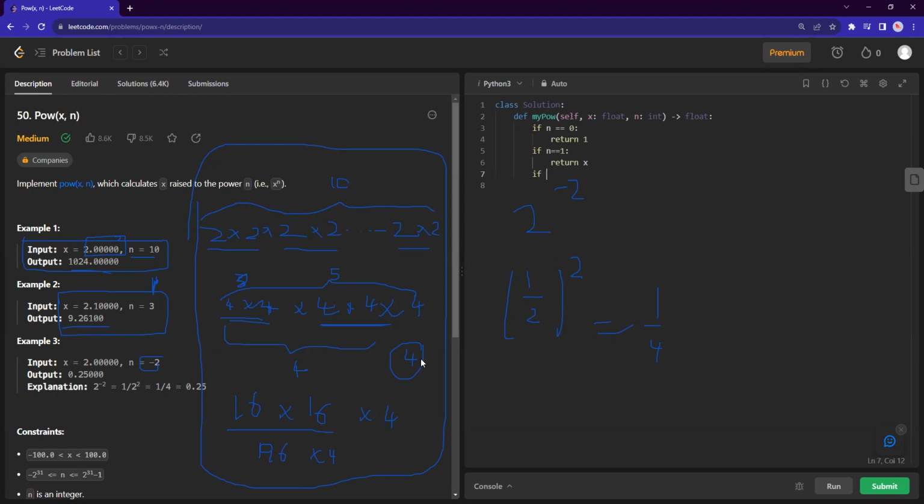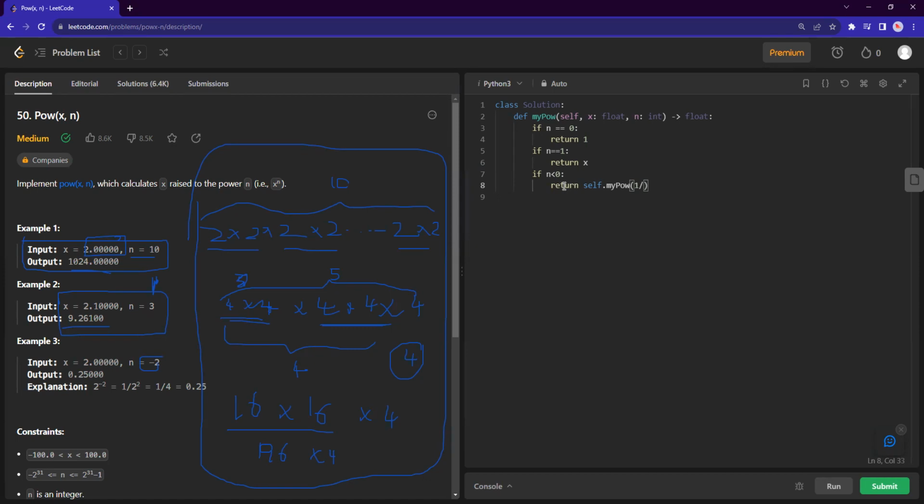Now, the next is where all the logic that we were talking about comes in. So if it's negative, what do I want to do? I want to bring the negative sign inside. So I'll return self. This is where the recursive element comes in. Self dot myPow.